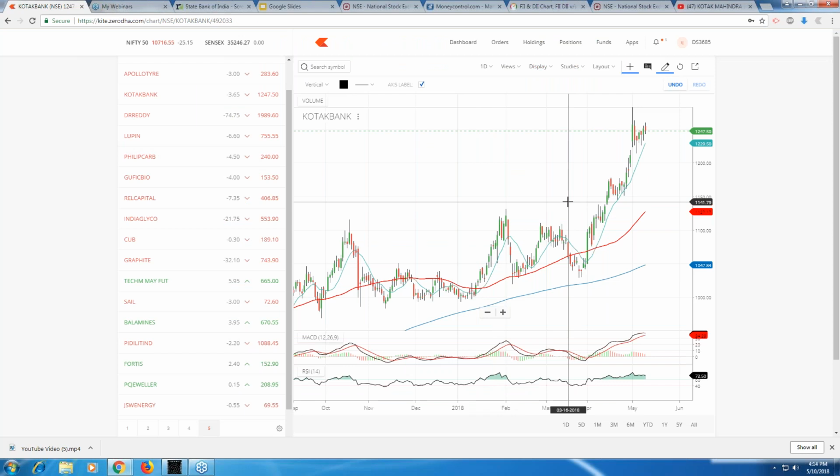So I think this is what I wanted to share with you. I'll make a small video where I'll tell you how to track the stocks which they are still holding or they are exiting from their holdings. I will try making another video on that aspect. So this is all about FII DII interpretation on Nifty movement and the stock movement.